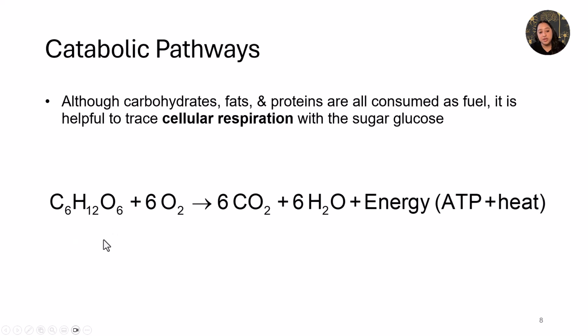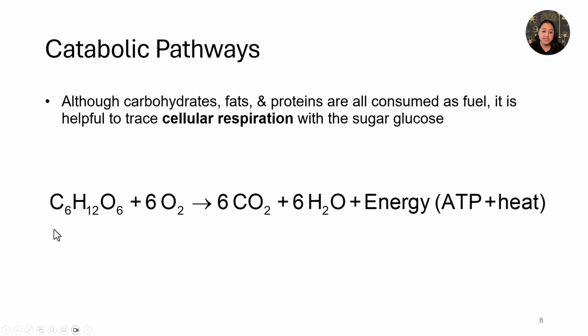So for every molecule of glucose, you breathe in some oxygen, and the big picture reaction is that things get switched around and rearranged in a chemical reaction, and so you make carbon dioxide, water, and then you capture some energy in the form of ATP, and then some is lost as heat.